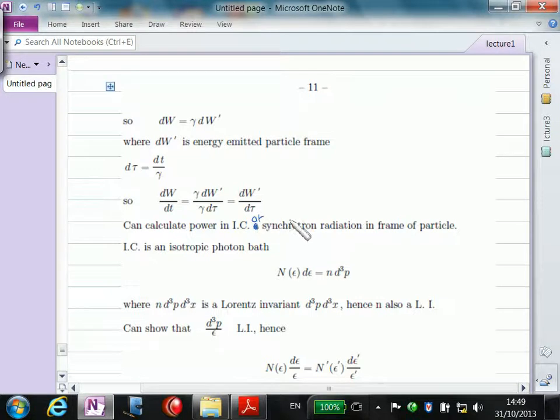In astronomy, you want to know how much power is being radiated. You're in the observer frame, but you can calculate it in the frame of the particle, and it's the same.